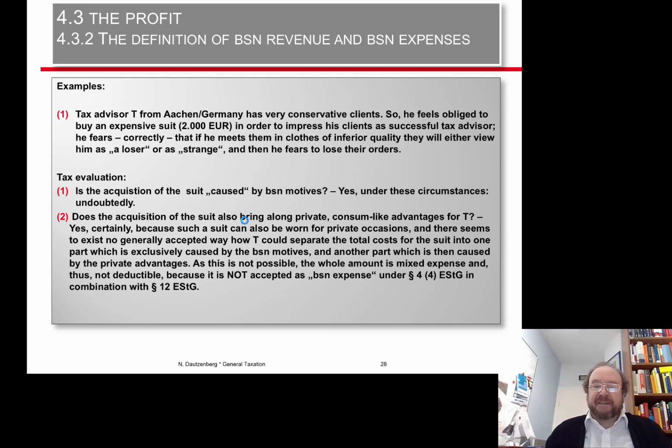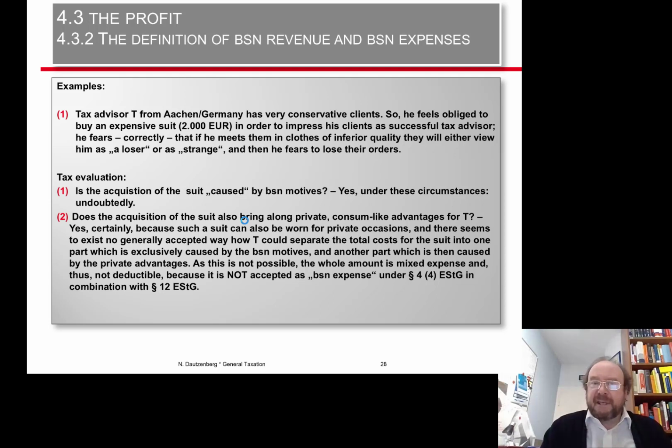Imagine we have a tax advisor from Germany, from Aachen, Mr. T. He feels obliged to buy an expensive suit in order to impress his clients as a successful tax advisor, because he fears, and he knows his customers, and they are strange people, but rich people.